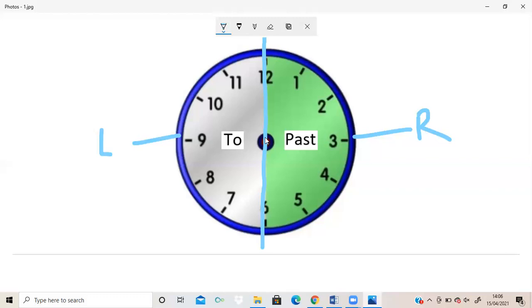For o'clock, the minute hand is always like this. Let me show you. For quarter past, the minute hand you saw on 3, and for half past, the minute hand was on 6.